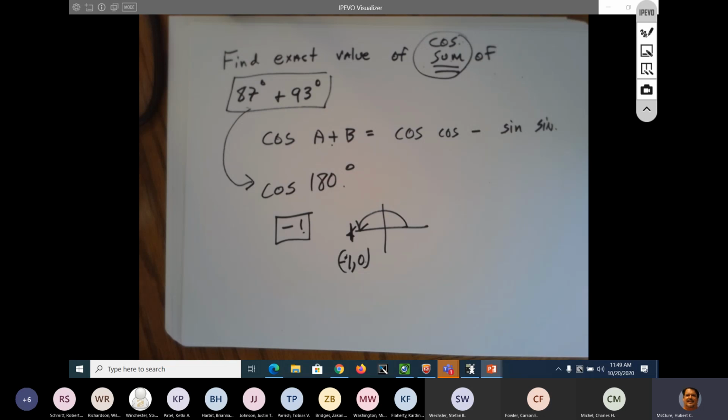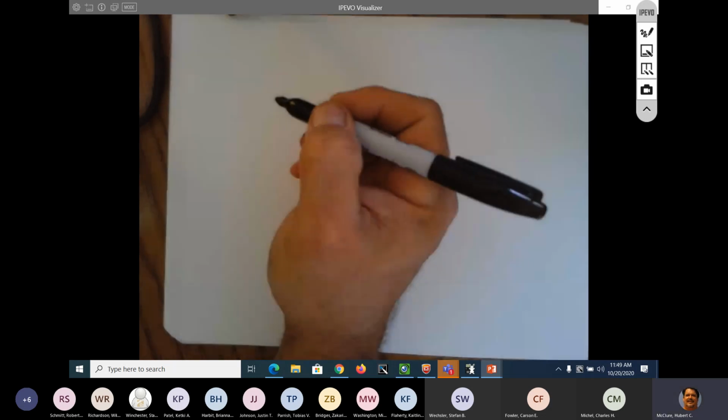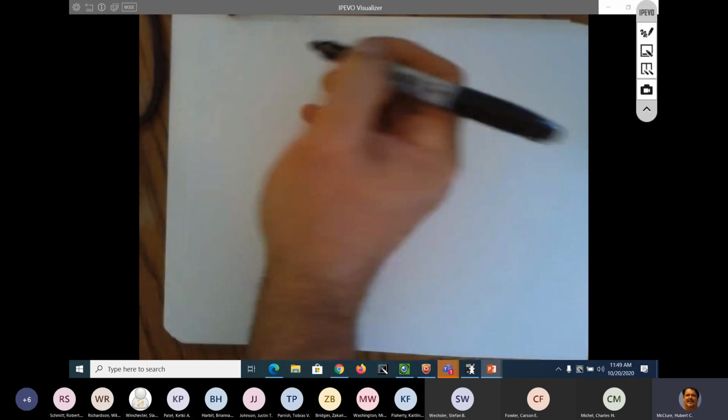Now you've got A minus B, sine. The good thing about the sine is the signs stay the same. So I'm just going to write them down for you.